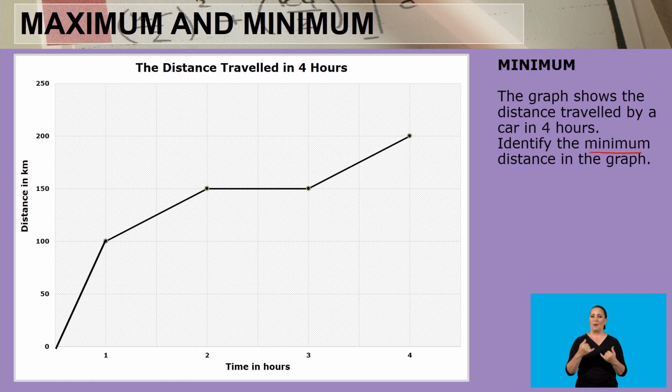Identify the minimum distance on the graph. Now, of course, the minimum distance would be no distance at all, and that would be a distance of 0. So we can see that the minimum distance traveled by this car was a distance of 0 kilometers.